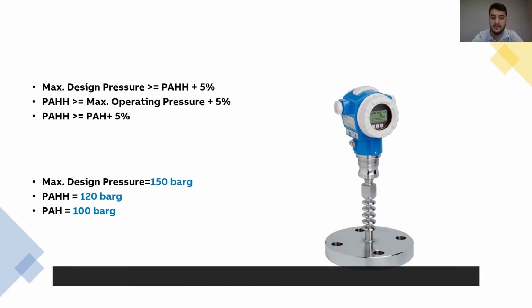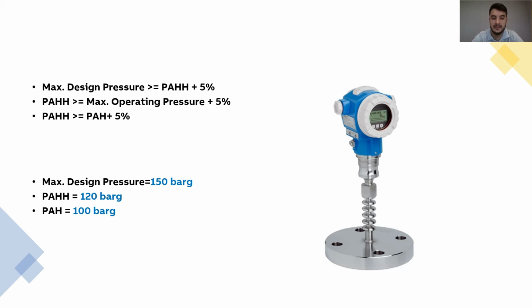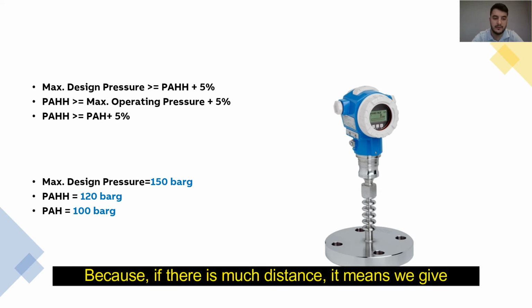But if PAH is 100, as per our standard, PAHH could be 5% more than it, so 105 or 106 it could be. But it is better to have 120 or a bit higher, because if there's much distance, it means we give operators more time to respond to the alarm.